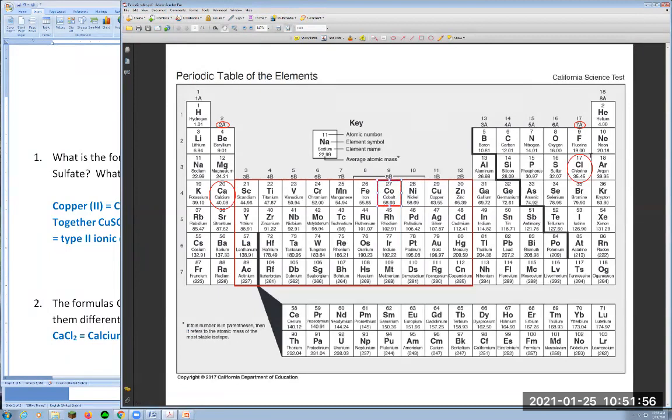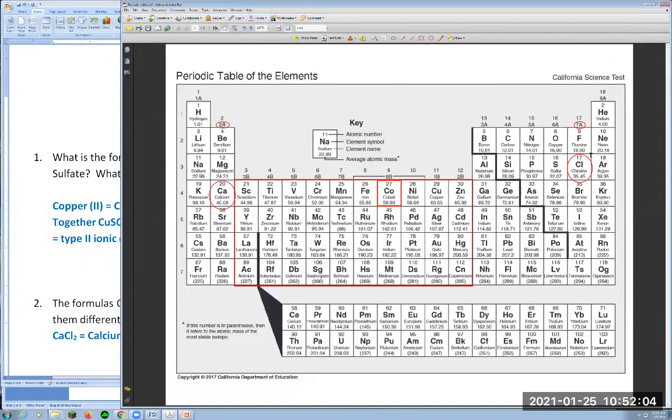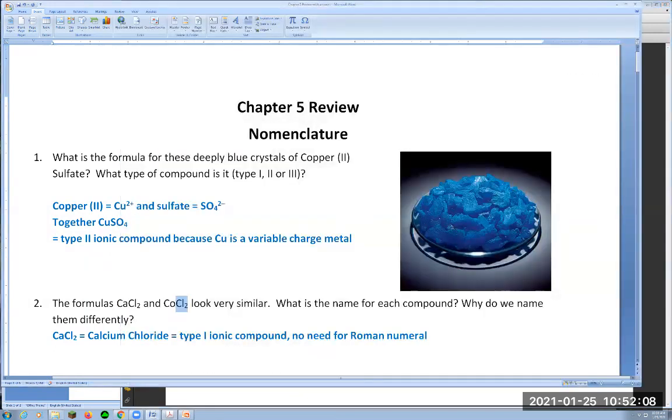We have 2 chlorine in this formula, which will make 2 negative charges because chlorine we know has 1 negative charge, but there are 2 chlorine. So that's going to be 2 negative charges. So cobalt will have to cancel those 2 negative charges by being Co 2+, right?